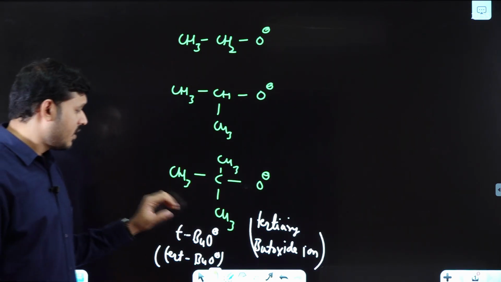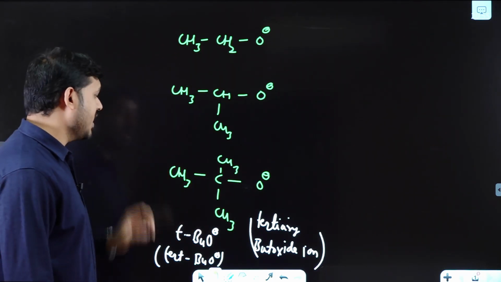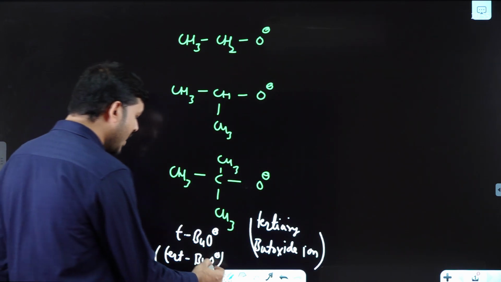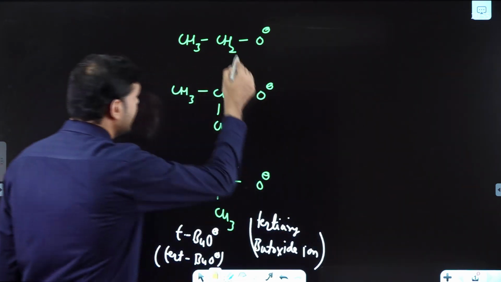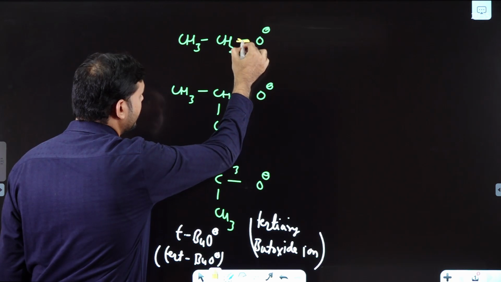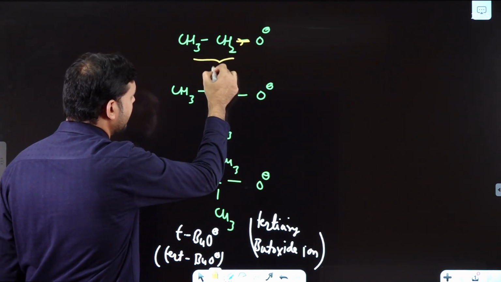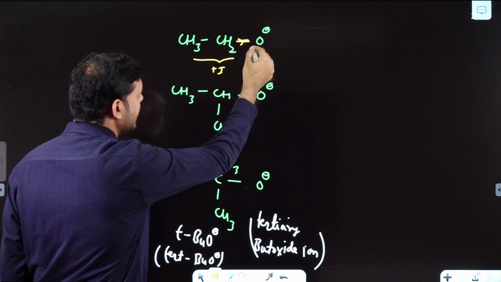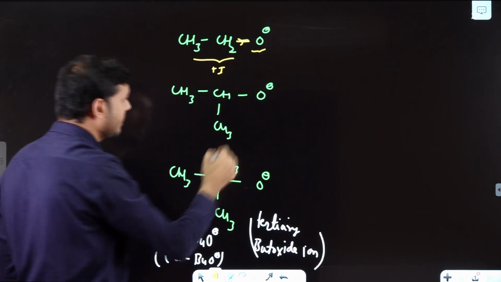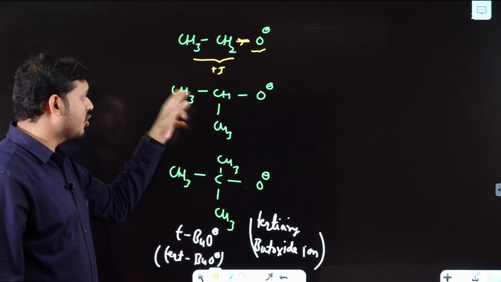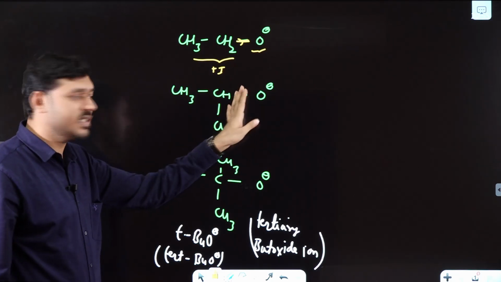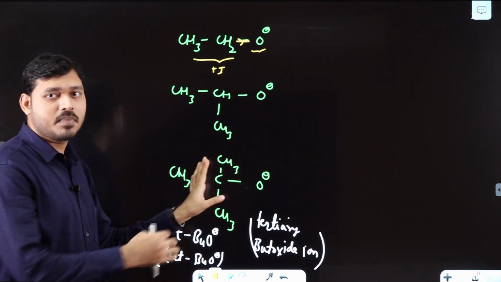Clear? Among these three, CH2 has a plus I effect, which increases electron density here. This carbon has two methyls, so the plus I effect is increased, and here further increased.